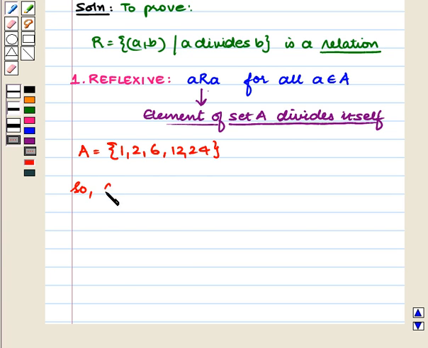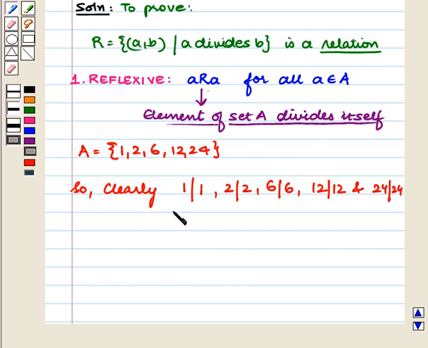So, clearly 1 divides 1, 2 divides 2, 6 divides 6, 12 divides 12 and 24 divides 24.